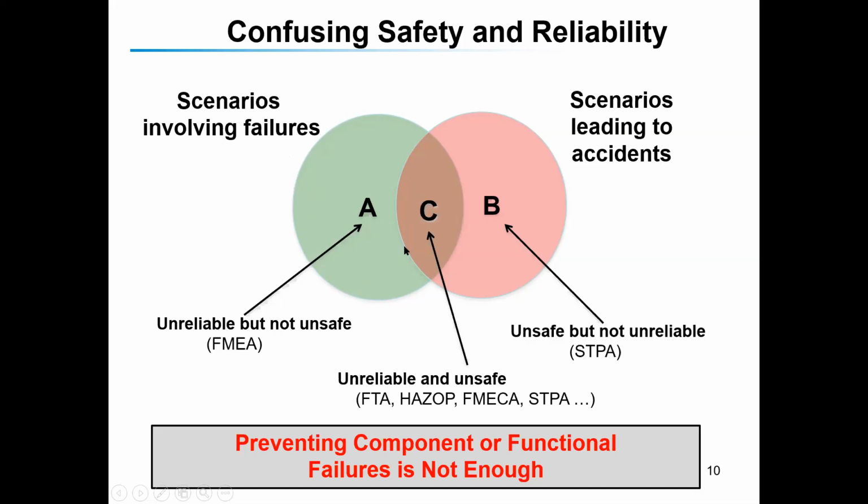In area C, the overlap between the two circles, the system may be unreliable and unsafe, and fault tree analysis, HAZOP, failure modes and effects criticality analysis, STPA, the new one I'm going to teach you, everything handles this. The problem is area B, where it's unsafe, but not unreliable. Nothing has failed, and only STPA can handle that.